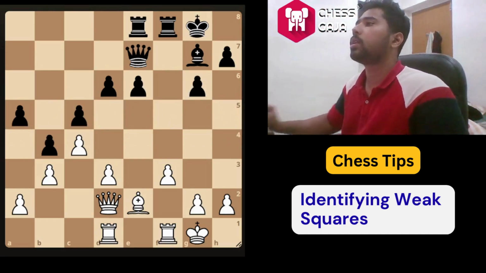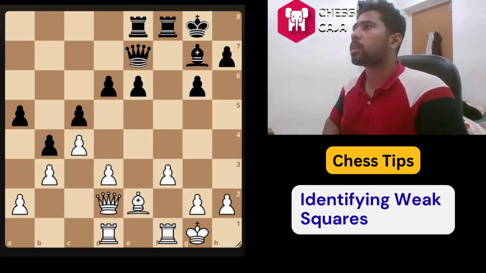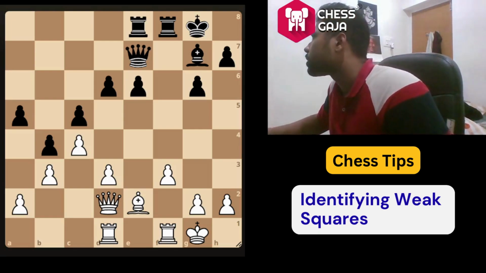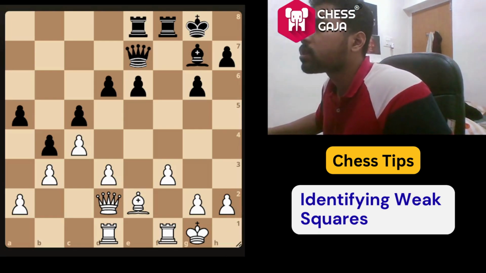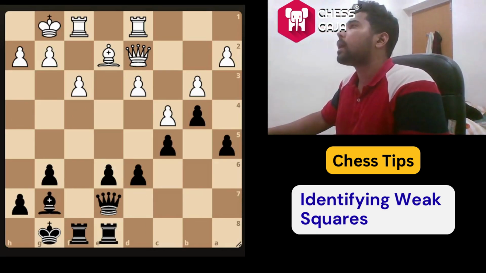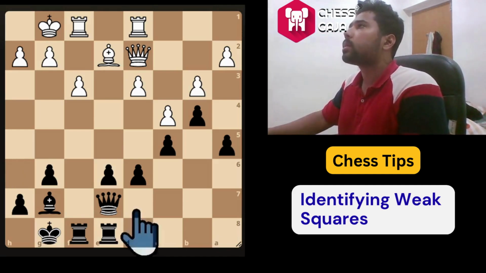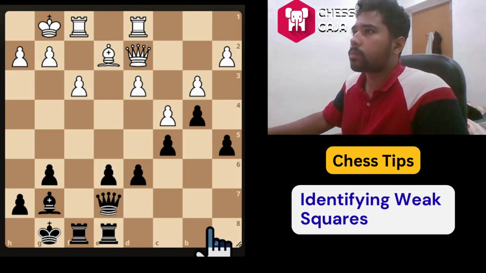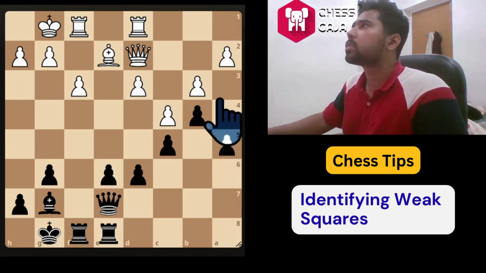This is a little bit tougher than you can think of. It is actually black to play. Let me just flip the board. Yeah, this is black to play and figure out what can be the best move here for black. So whoever found the answer, great.